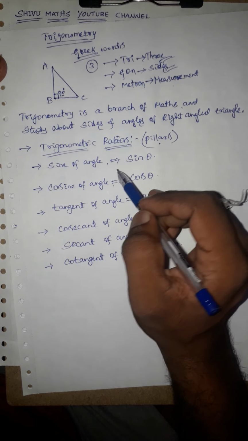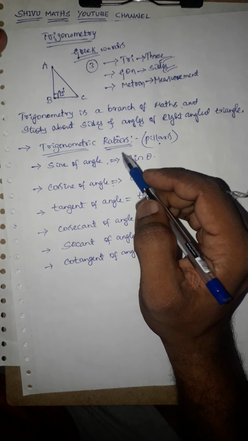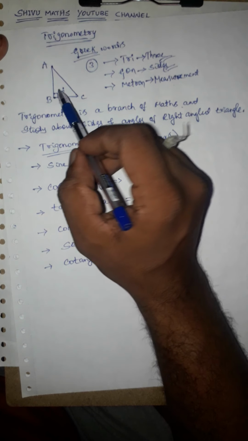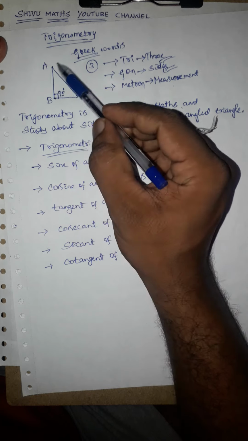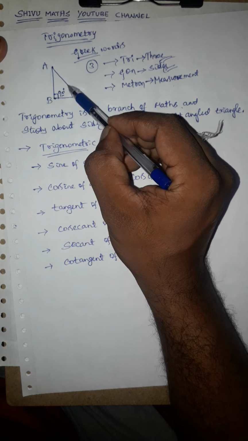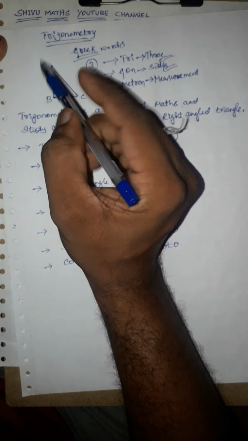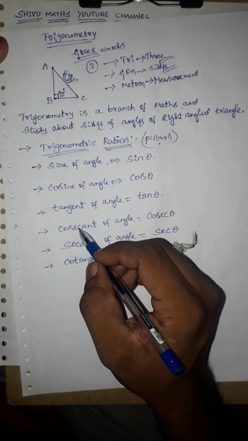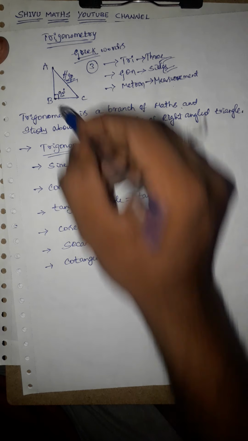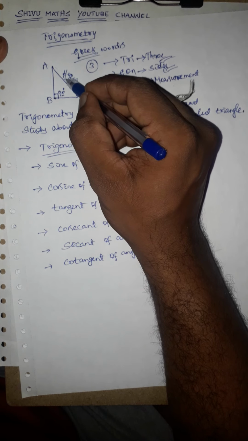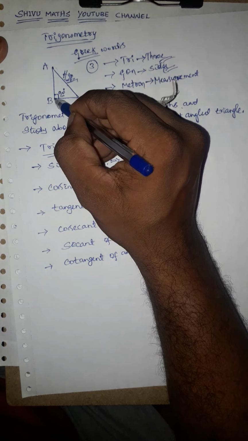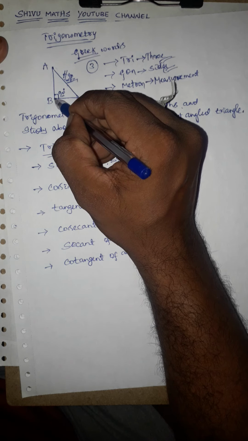Which are the three sides here? In the right angle triangle, the side opposite to the 90 degree angle we call the hypotenuse side. The hypotenuse side is the side which is opposite to the right angle.